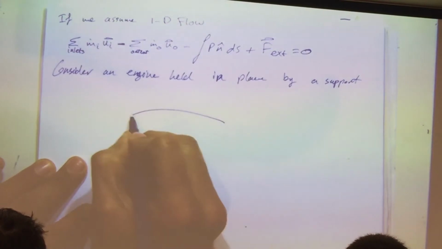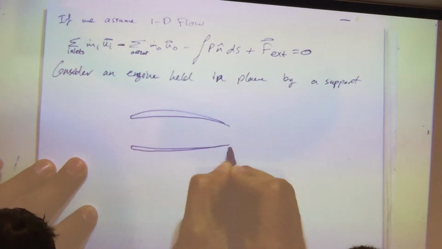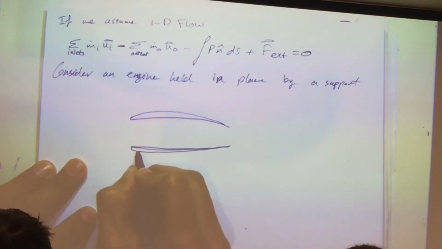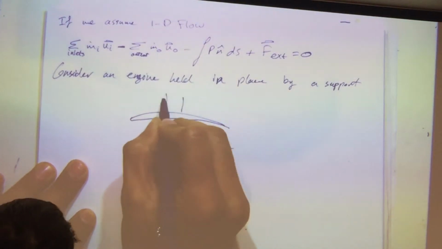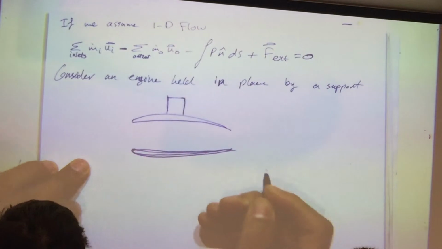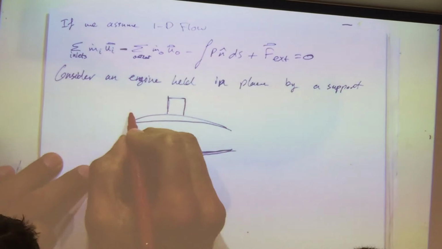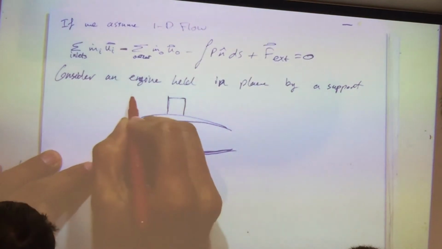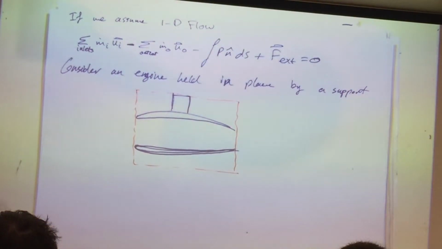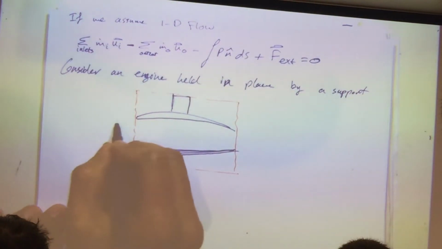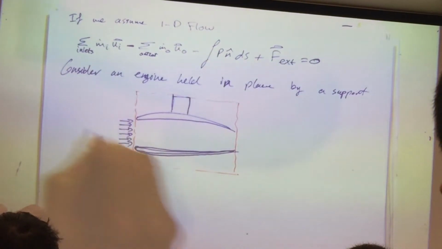So I have some engine of some sort, this, and it's held by a support to some aircraft of some sort. So let me apply my control volume right here. And primarily what I have is some flow that's coming in right here.